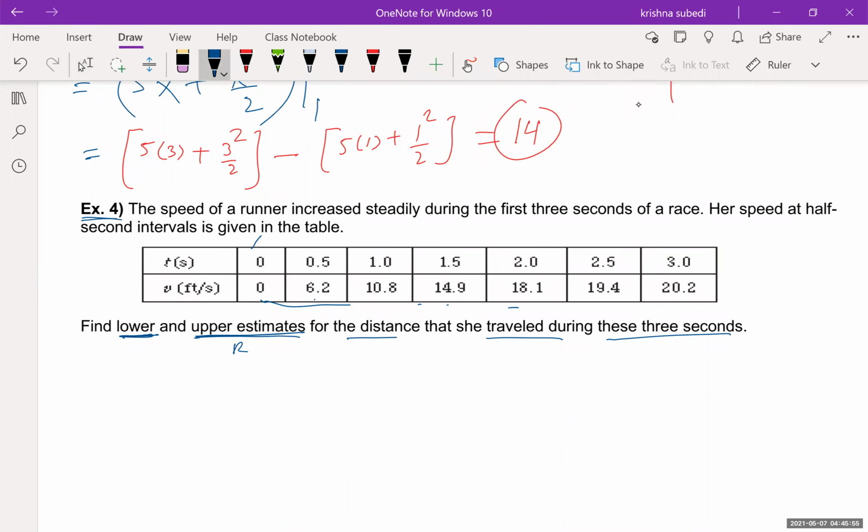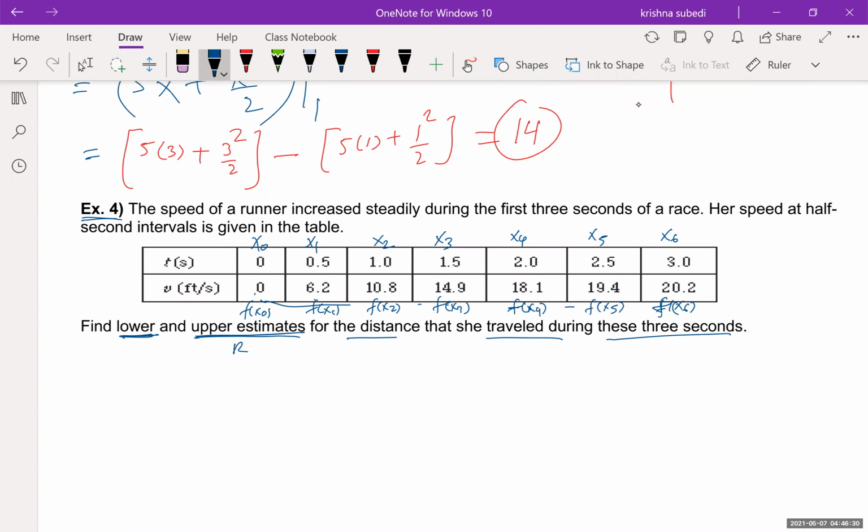So what it means is your x0 is given there, x1 is this, x2 is this, x3 is 1.5, x4 is 2.0, x5 is 2.5, and x6 is 3.0. And this value is your f of x0. This is your f of x1, f of x2, f of x3, and so on, up to f of x6.